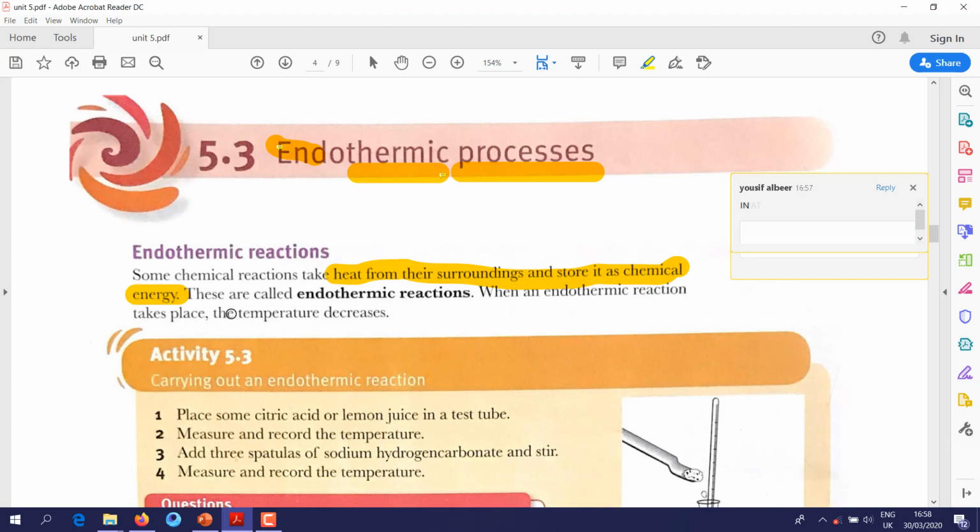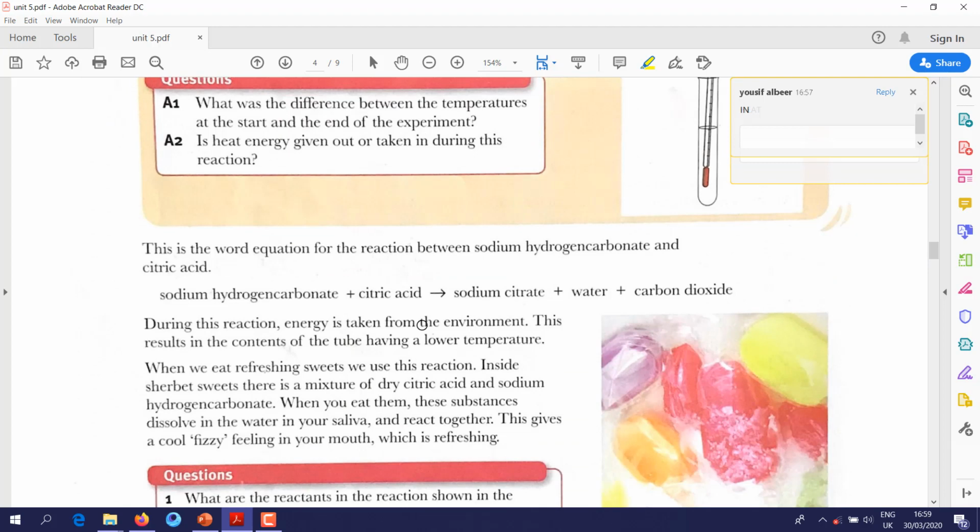These are called endothermic reactions. So what do you mean by endothermic reactions here? The chemical reaction takes the energy from the surroundings. Here we have an example of an endothermic reaction: sodium hydrogen carbonate plus citric acid equals sodium citrate plus water plus carbon dioxide.